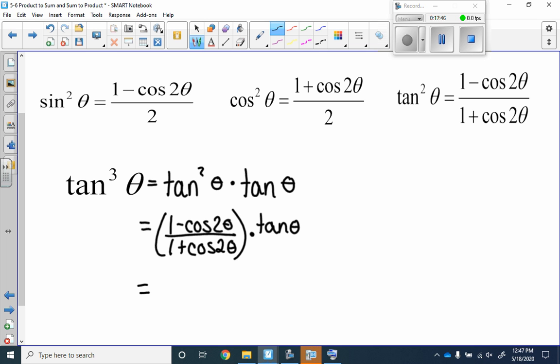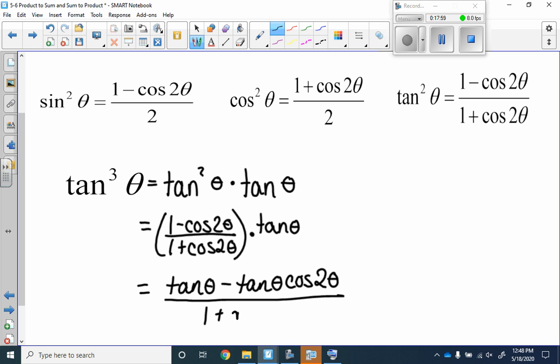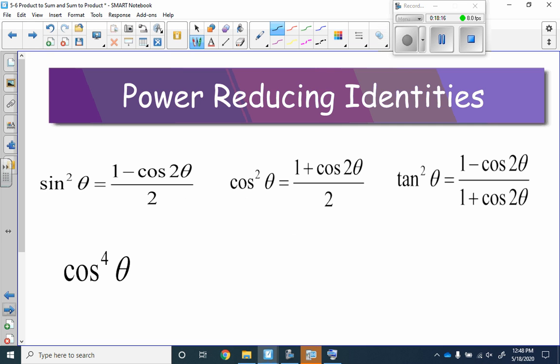But then this would be written as tangent theta minus tangent theta cosine of 2 theta, divided by 1 plus cosine of 2 theta. Now, it's definitely not simplifying it, it is expanding this. But you're not working with the exponent anymore.